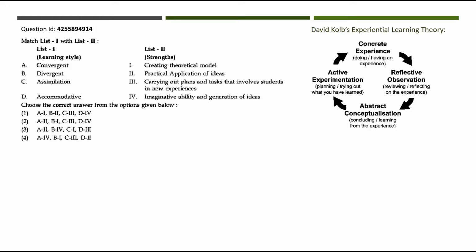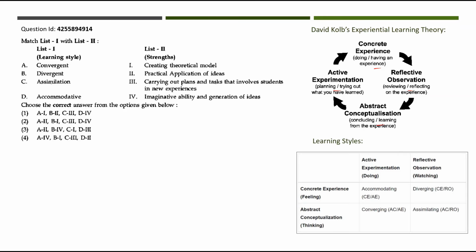There are 4 phases. Concrete experience is about doing or having an experience. Reflective observation is reviewing or reflecting on the experience. Abstract conceptualization is concluding or learning from the experience. Active experimentation is planning or trying out what you have learned. So, getting an experience, reviewing it, learning from it, and then trying what you have learned in a different experiment.